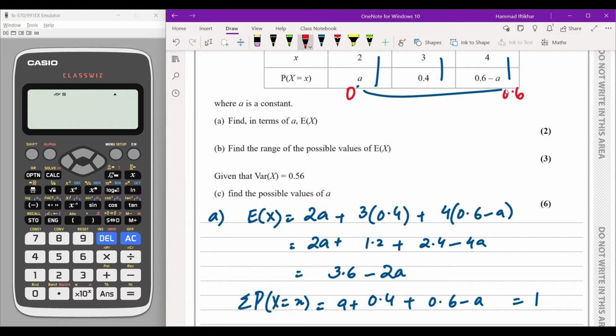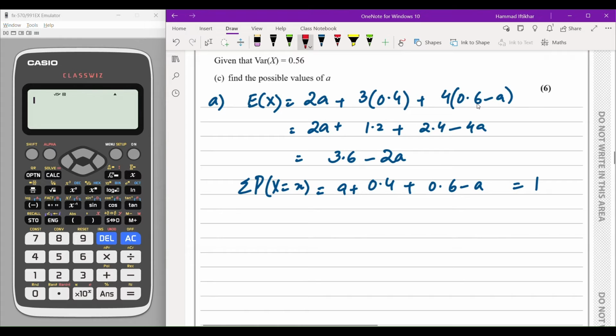So we can definitely have it. So 0.6 minus 0, so yes, that is possible. 0 is the minimum value of a. Obviously a is a probability, so at least we have to consider 0.